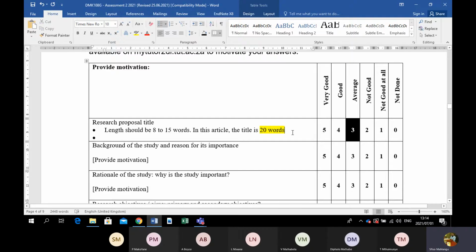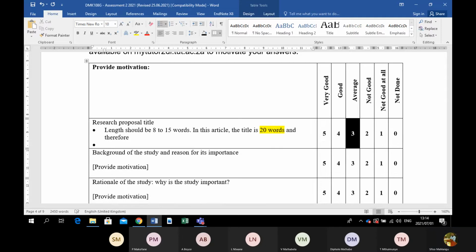Is 20 words, and therefore the authors, for example, exceeded the recommended length based on the guidelines.